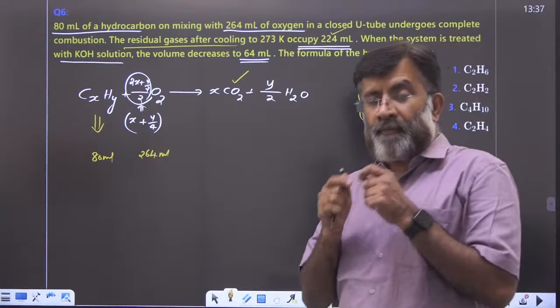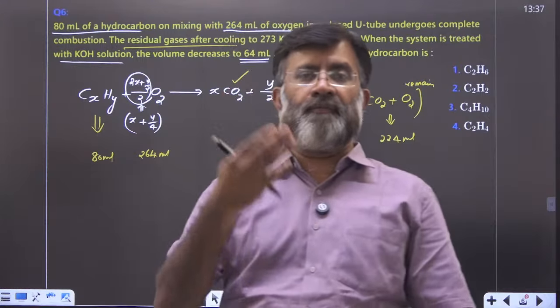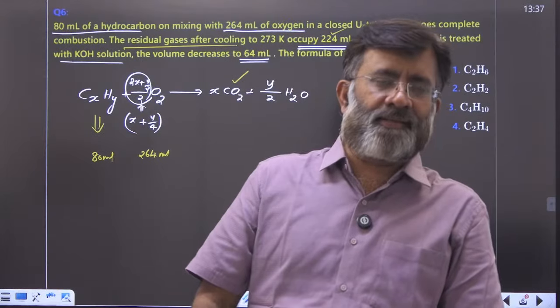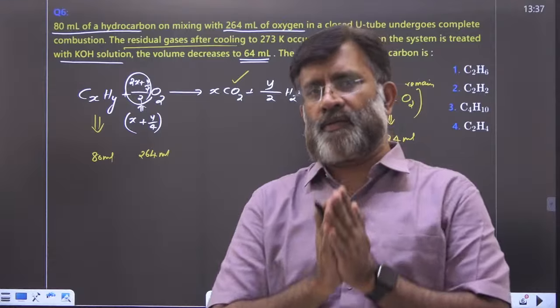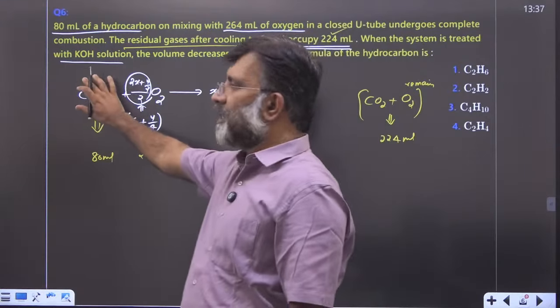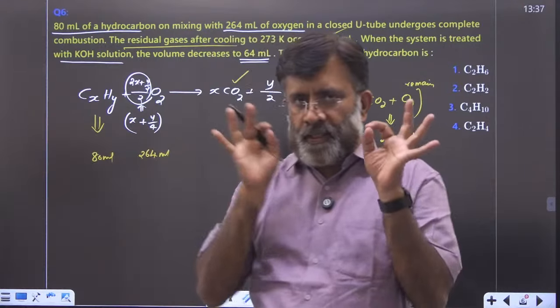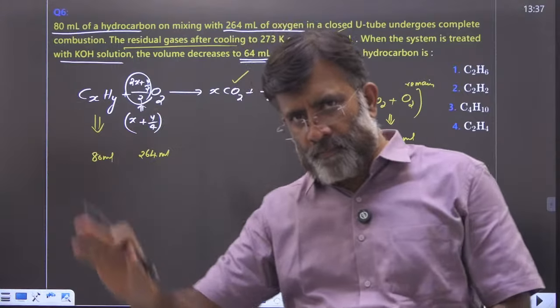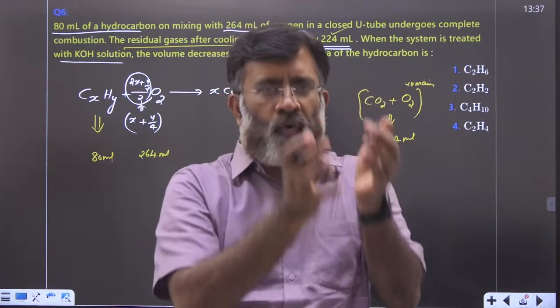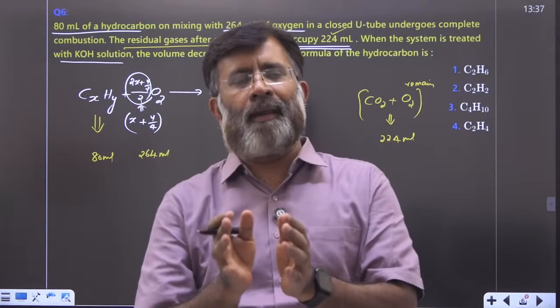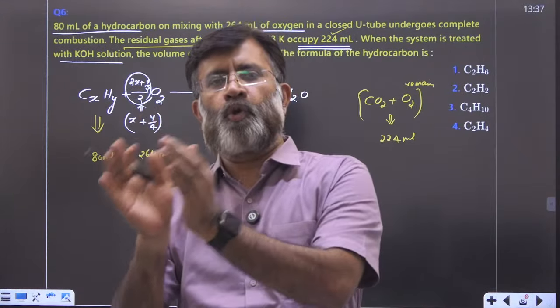After combustion, definitely for a combustion reaction we take excess of oxygen. Now after combustion there are two gases. CxHy is completely burnt. What remains after the reaction will be CO2 formed and O2 remaining.